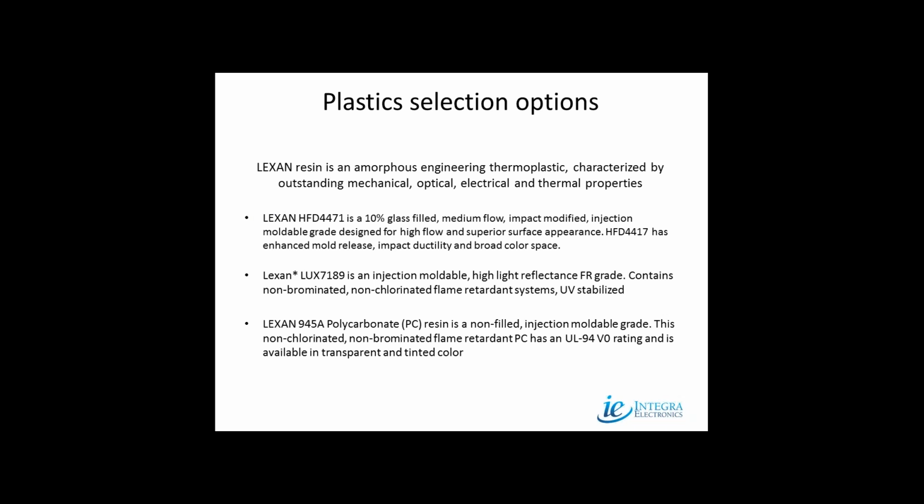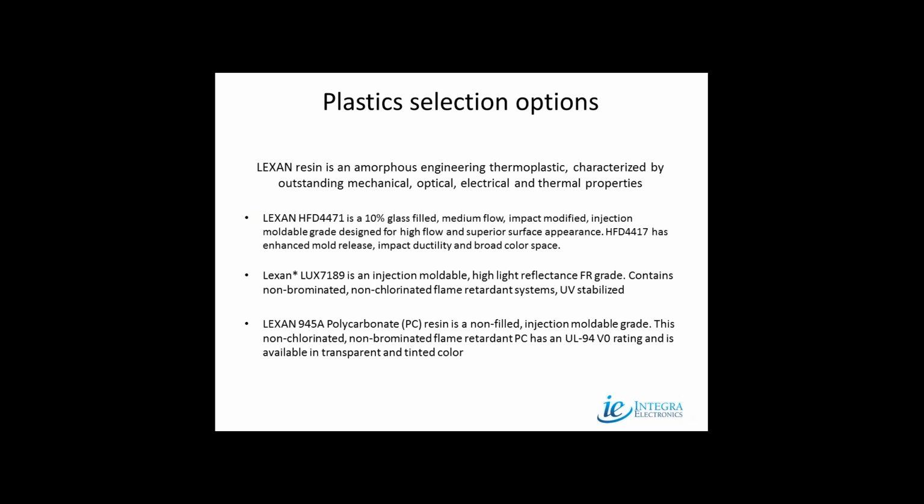An injectable good quality plastic with UV stabilizer for outdoor applications, good for indication applications. The LX or LUX 7189 plastic is a preferred material, and this is kind of a mid-grade acrylic-based light pipe.